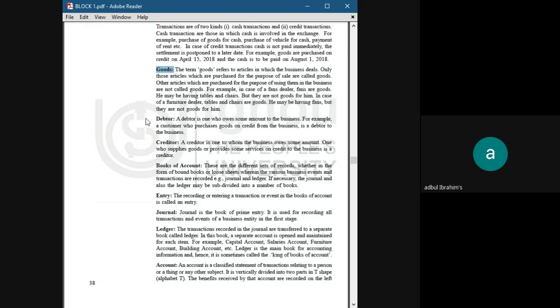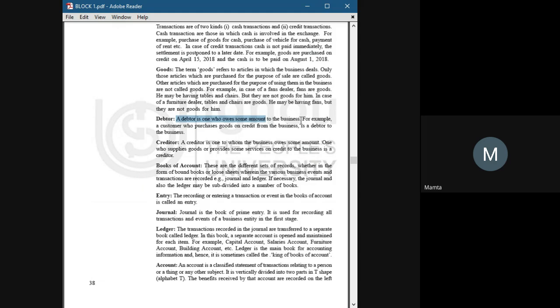Debtor. Alicia, this is what you were asking before. A debtor is one who owes some amount to the business. Suppose you have sold goods on credit to someone, then that person owes you, and he or she will repay you after some time.